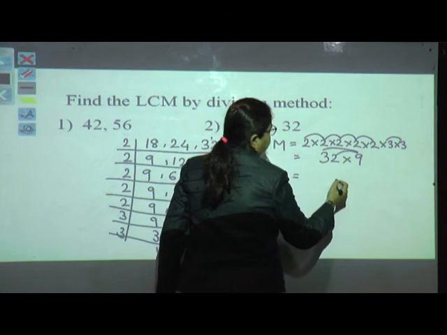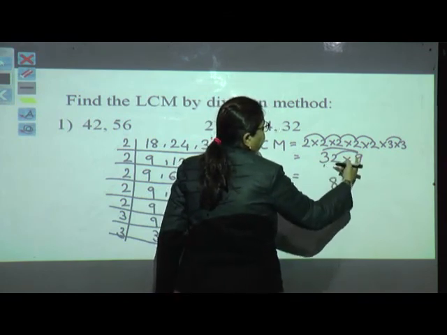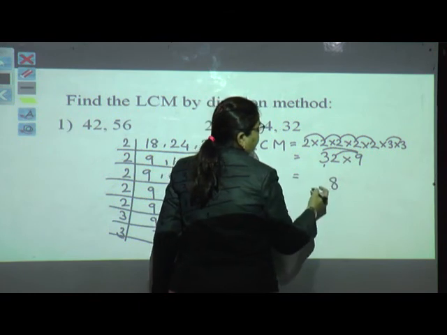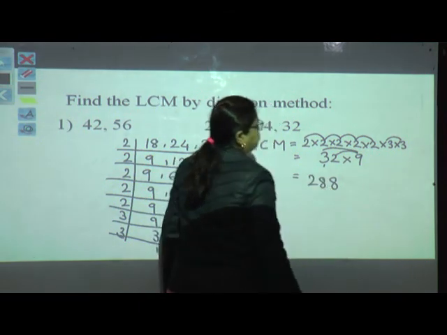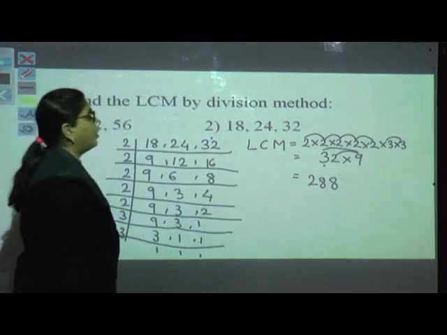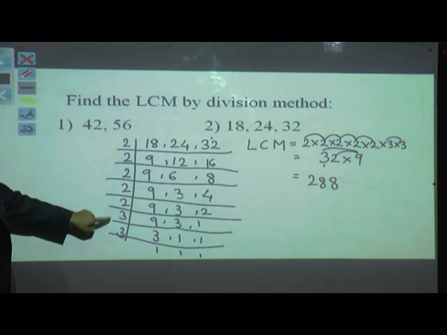So 9 2s are 18, 1 carry, 9 3s are 27 plus 1 is 28. So this is what we found out, this is nothing but the LCM of the given numbers, that is 18, 24 and 32. So we have to go step by step and find it out.